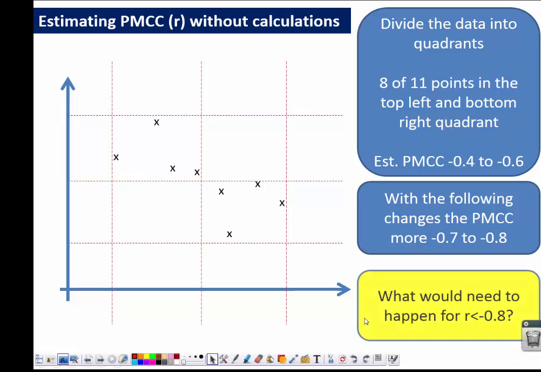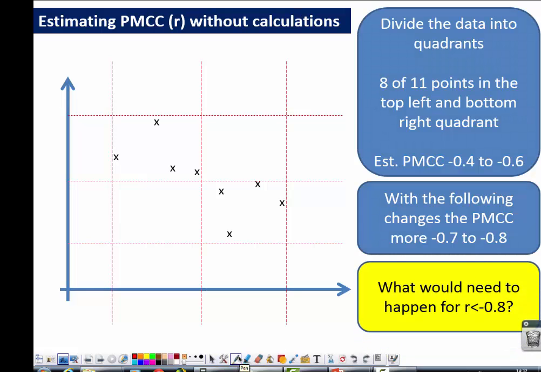So now what we want to do is change the correlation. We want to do something so our correlation is even more negative, so our correlation is closer to -1, or in other words, it's less than minus 0.8. So what do we need to do there? At the moment, all the data is either in the bottom right or the top left, so they're in the right quadrants.